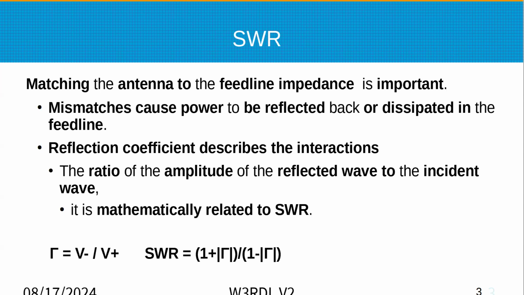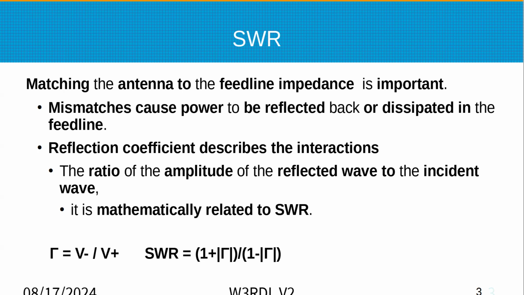Like I said before, the main reason to match, well, I guess there's two reasons. To match your antenna to your feed line impedance is to get the maximum power to the antenna and also not burn out the power transistors in your transmitter.